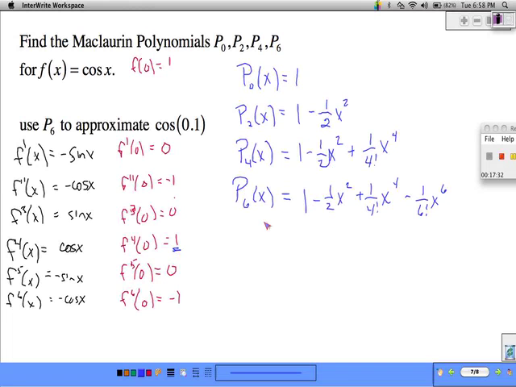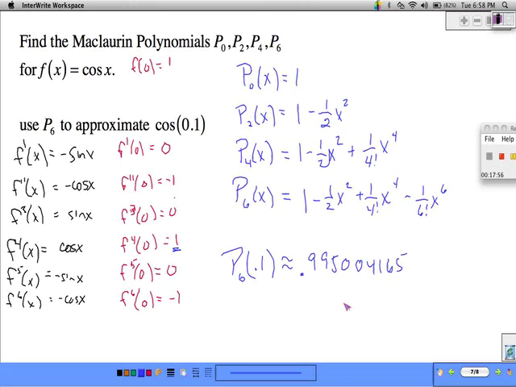And I can use this polynomial to approximate the cosine of 0.1. And in doing this, we find that a substitution gives us 0.995004165.